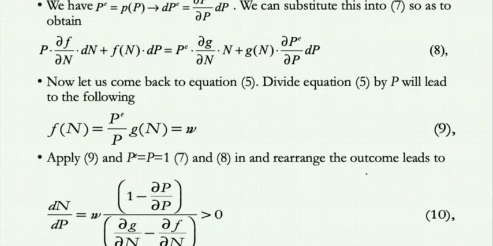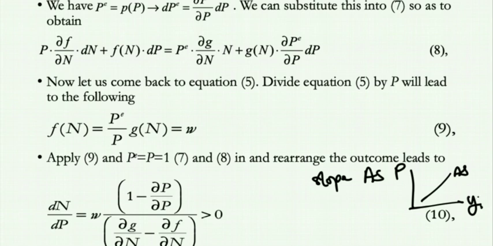Why? Because our objective is to find the slope of AS. If we draw AS, let's say this one, you have price here, you have output here. But what you have here is, you have price but you don't have output. So what should we do? We need to do some modification to this equation. Alright, so let's continue. Let's say you already found 10 and I rewrite it here.